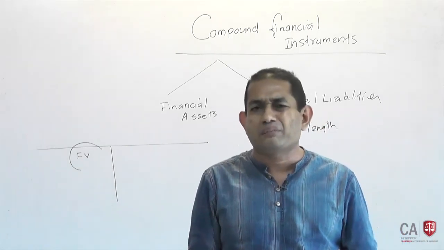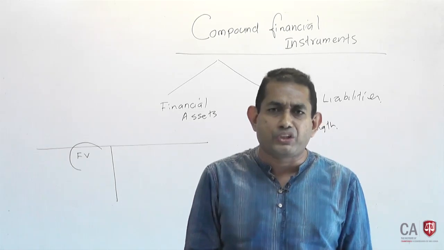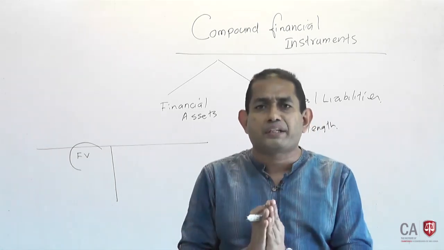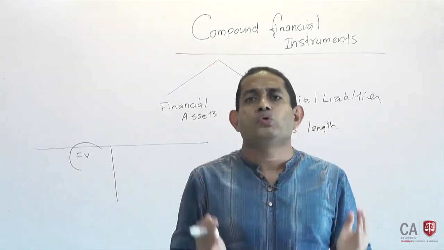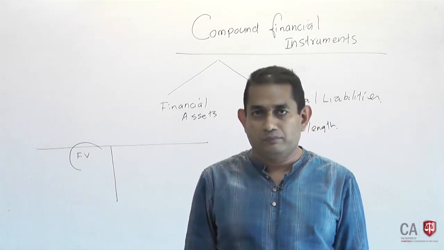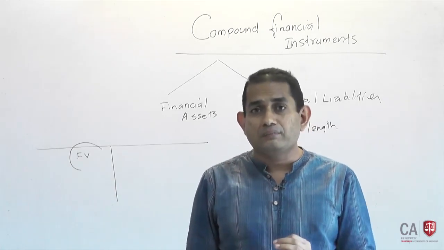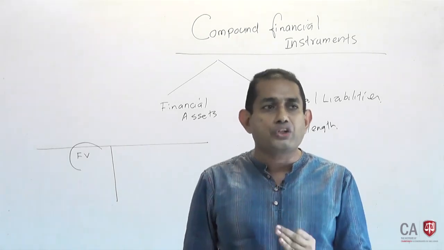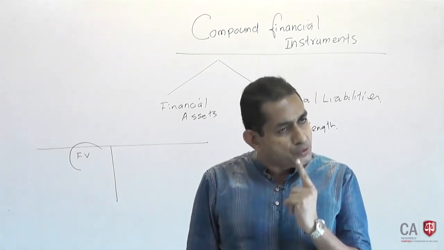That can be something like a related party transaction. The moment the transaction becomes a related party transaction, the fair value disappears like the mist in the morning before the sun.